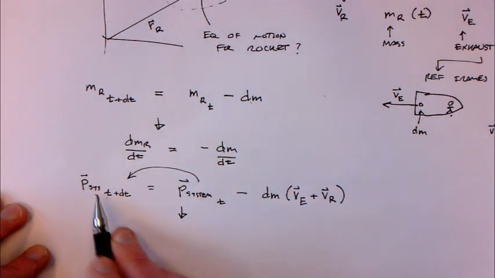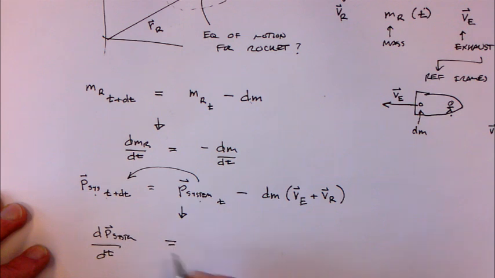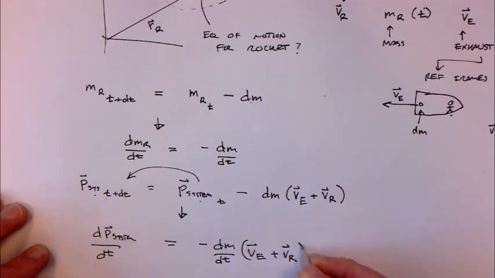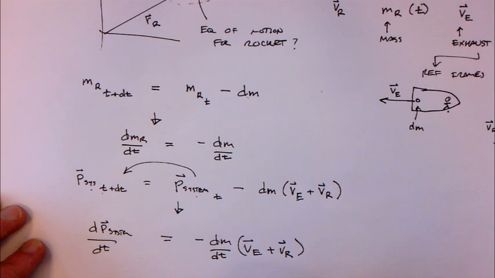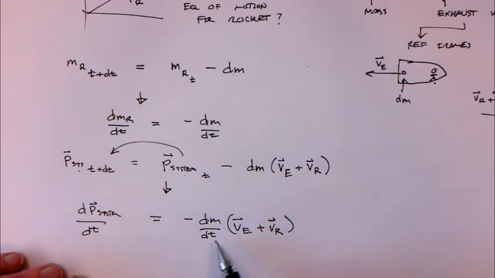So we have the new momentum of the system minus the old momentum of the system, or dp system by dt, the time rate of change of the momentum of the system, is minus dm by dt times v sub e plus v sub r. In other words, the momentum of the system is changing due to momentum leaving the system, and the amount of momentum leaving the system per unit time is dm by dt times v sub e plus v sub r, or dm by dt times the velocity of that little differential chunk that's leaving the system.